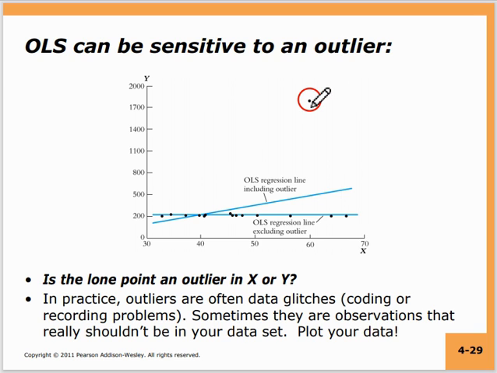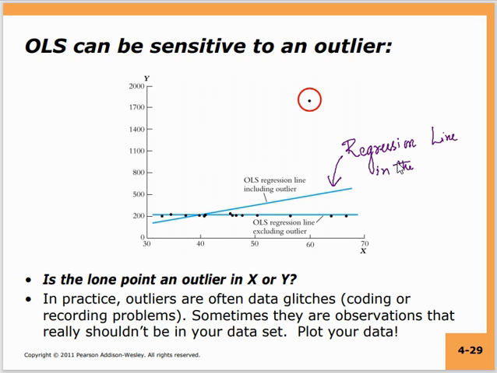But given that the estimation tries to minimize the sum of squares of all errors, this error contributes to creating a different regression line, like this line, the regression line in the presence of the outlier.